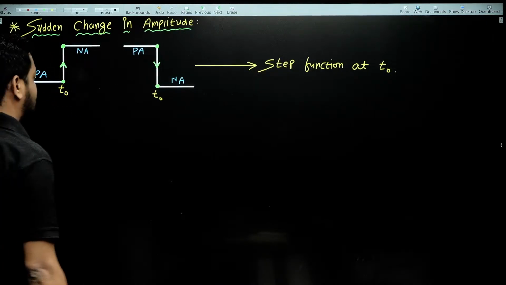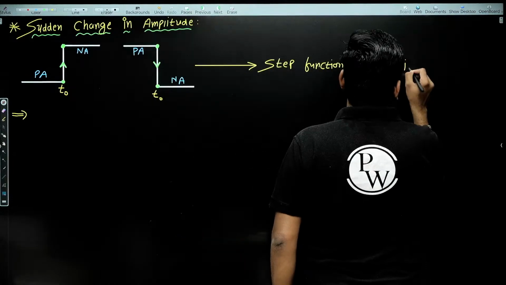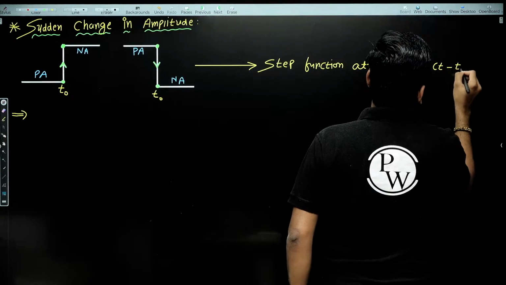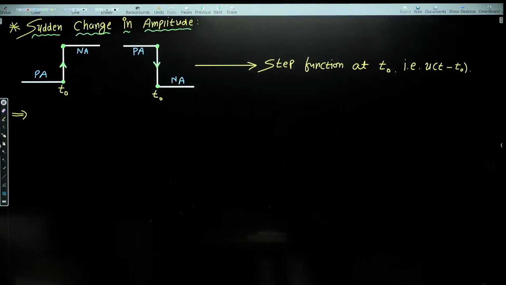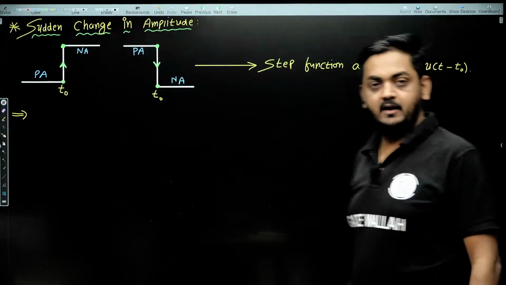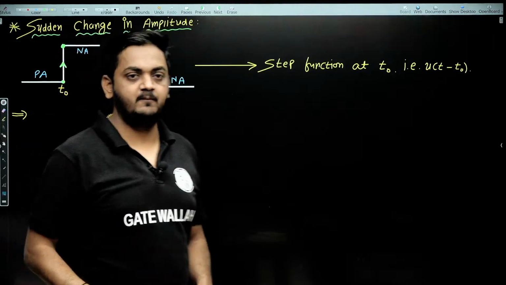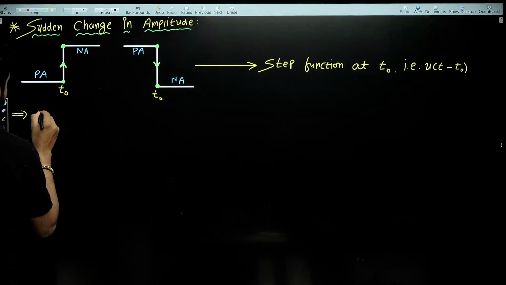So if there is a sudden change in amplitude at T naught, then you have to find the change in amplitude.